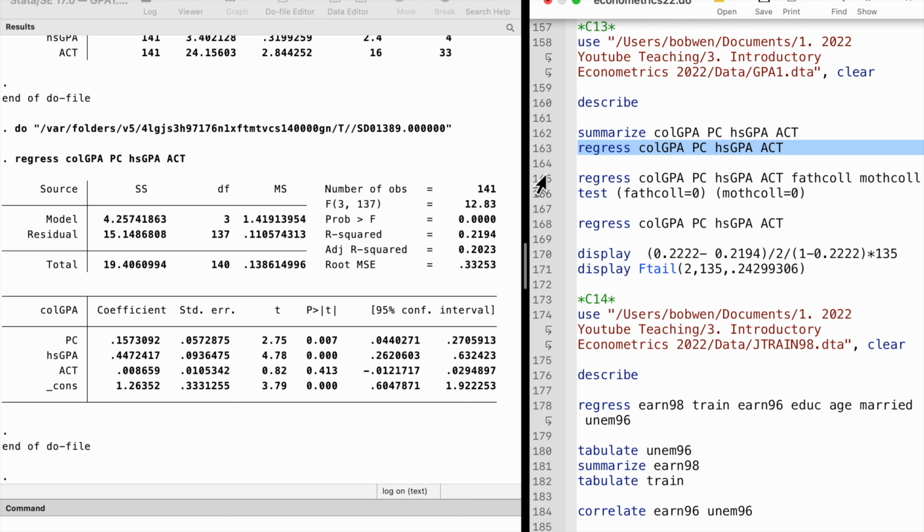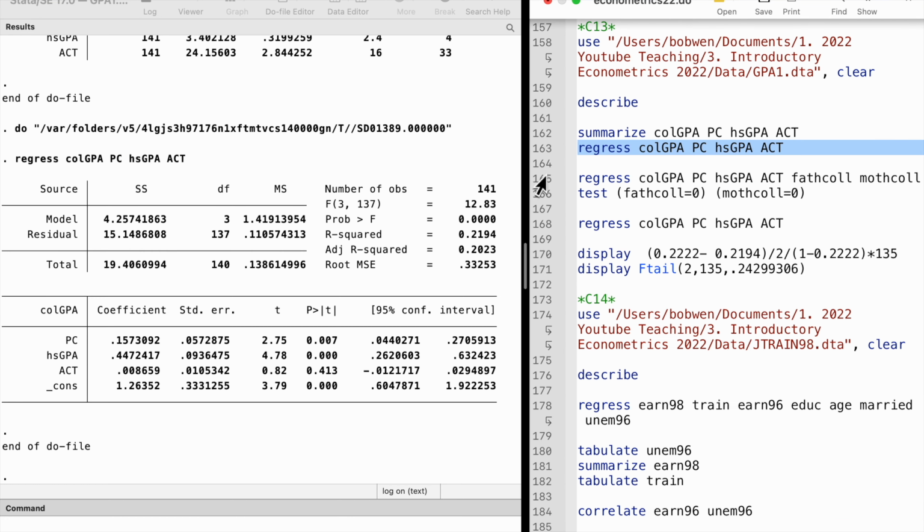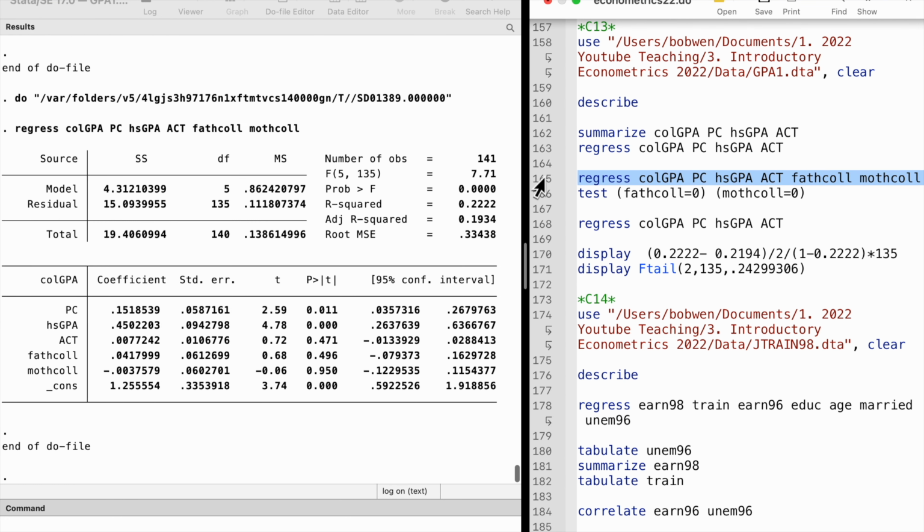So, the high school GPA is a more important predictor of college GPA. For part 3, we add parents' education to the model. The mother's and father's education are both statistically insignificant at any reasonable level.